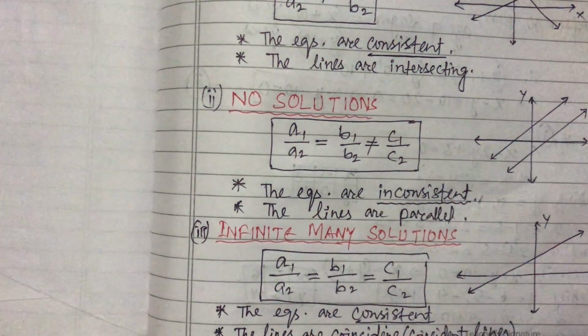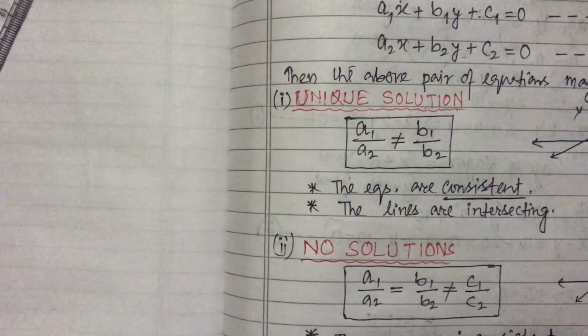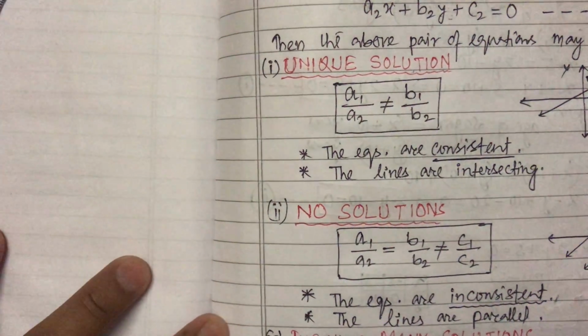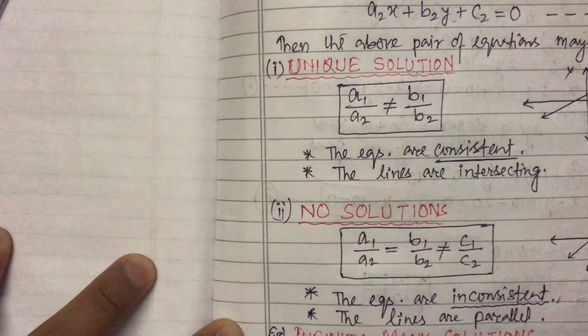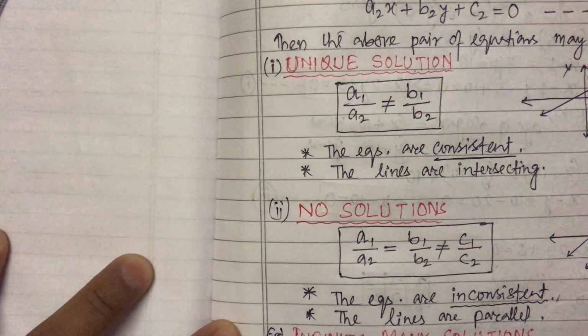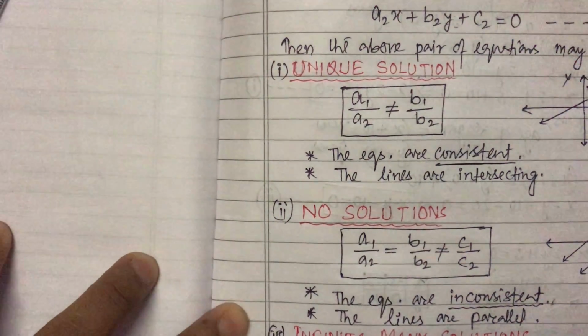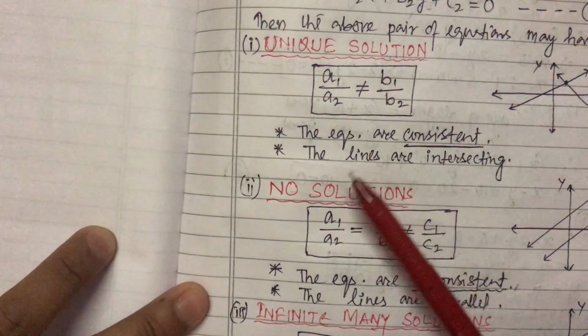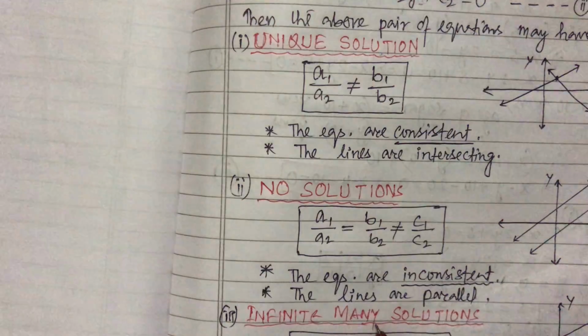So these are the three conditions which we need before using any algebraic method. If I know these three conditions well in advance, then I don't need to solve at all. So without solving, I can tell whether the equations will have a unique solution, no solution, or infinitely many solutions.